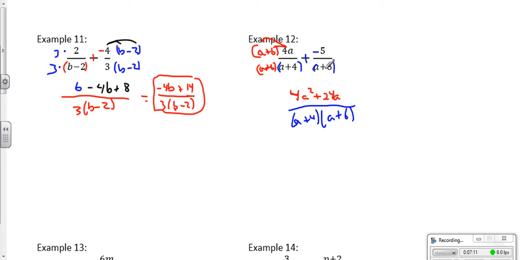The second fraction has the a plus 6, but it needs the a plus 4. So I multiply top and bottom by a plus 4, and we get a distribution of a negative 5, which gives us a negative 5a minus 20.